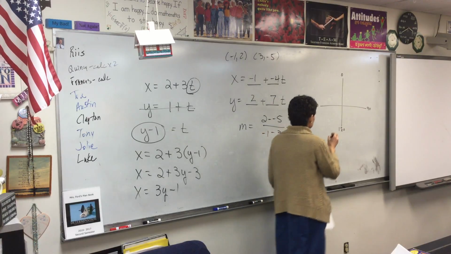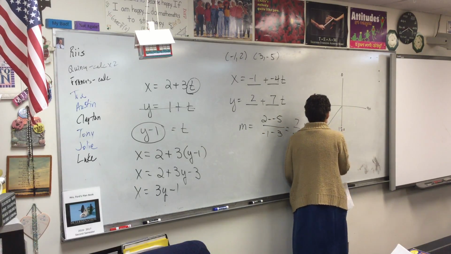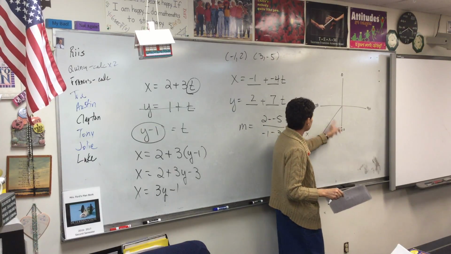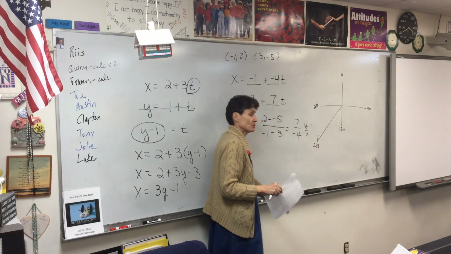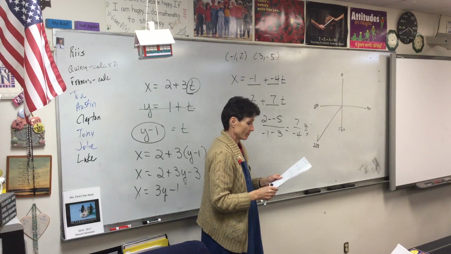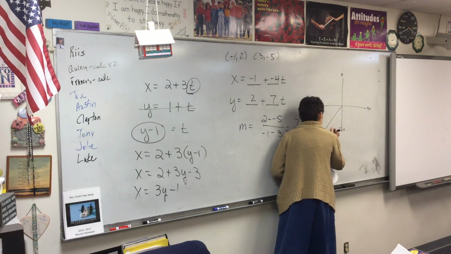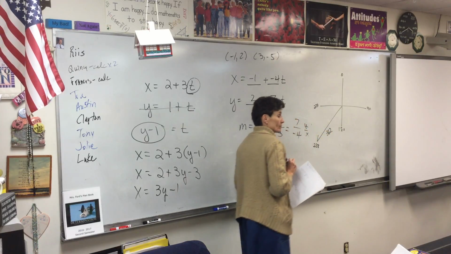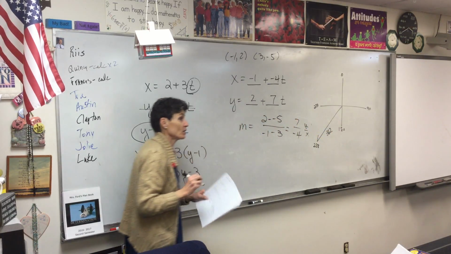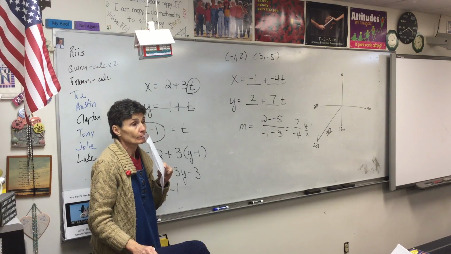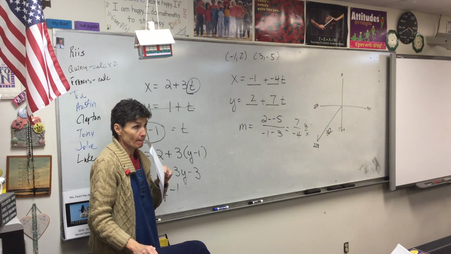So a course of 228 is going to be over here, between 180 and 270 is my 228. And he's flying 362 miles an hour. So that's the picture. Everybody good?